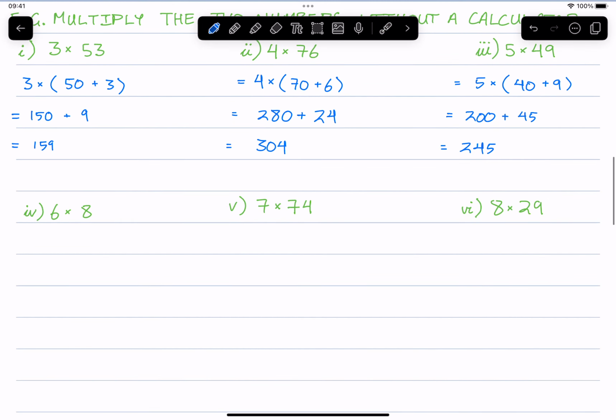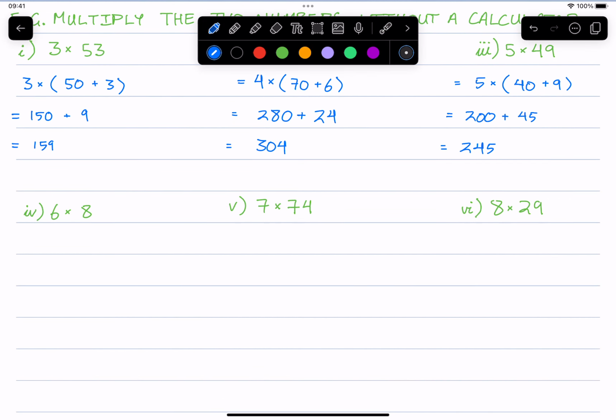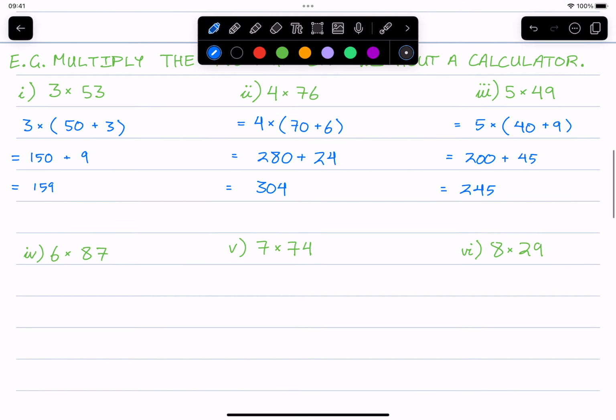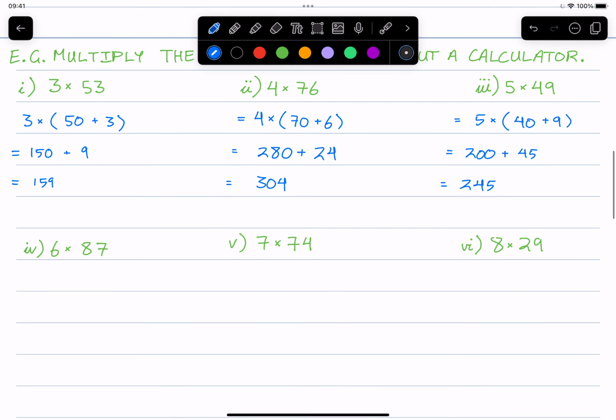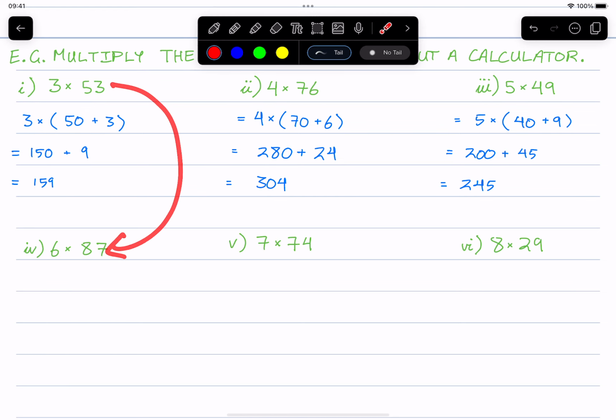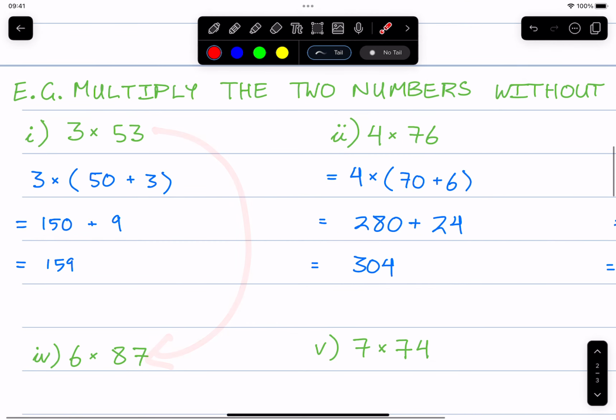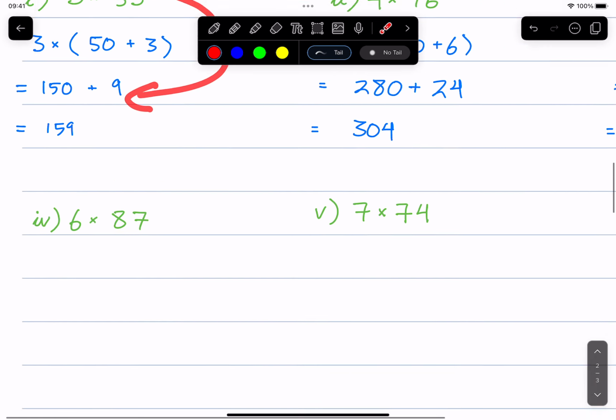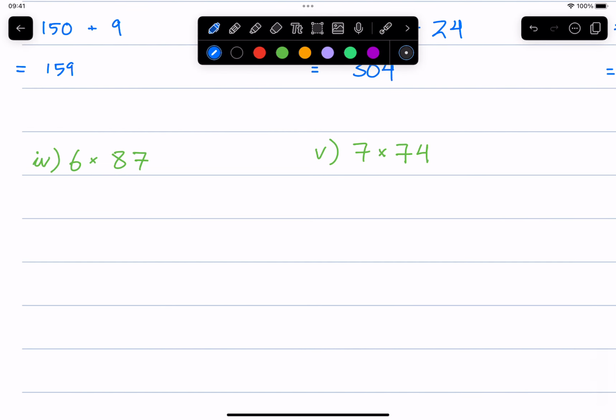out. Oh, whoops, I realized I need to erase a number here. Let's just make this 87. Okay, so with more practice, you can start skipping this step and going straight to this step. I'll demonstrate here. So in my mind, I'm imagining this as 6 times 80.